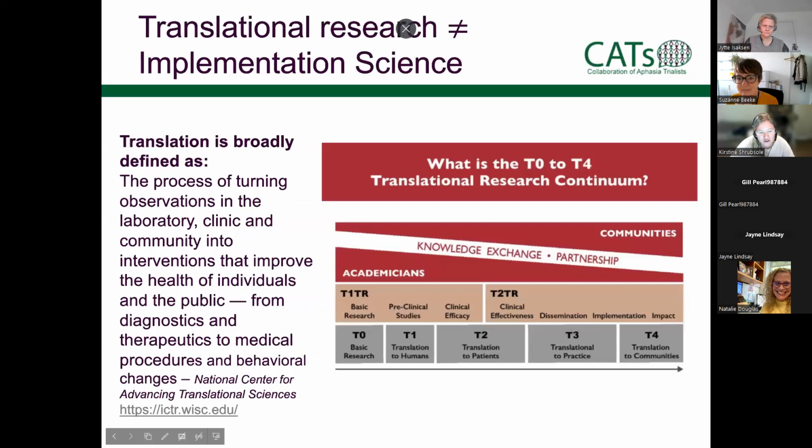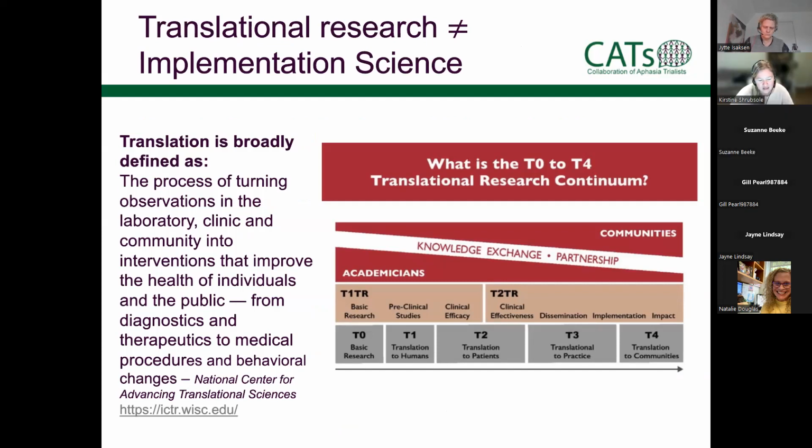You might have also heard or seen this T0 to T4, and I wanted to mention it briefly. Again, it's more of a linear process. When I started in implementation 10 years ago, and I feel a little old now, this was talked about quite a bit.